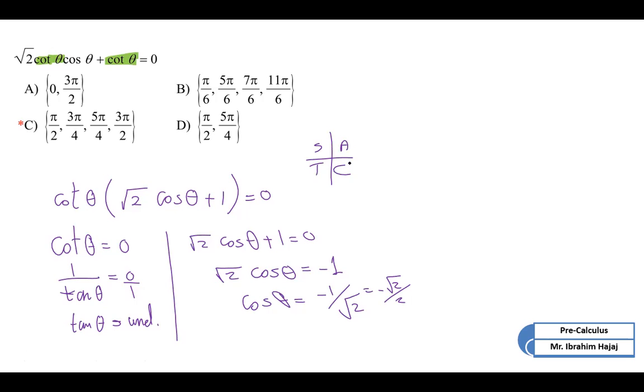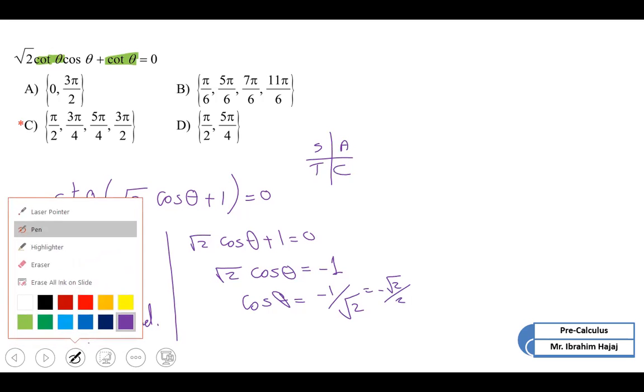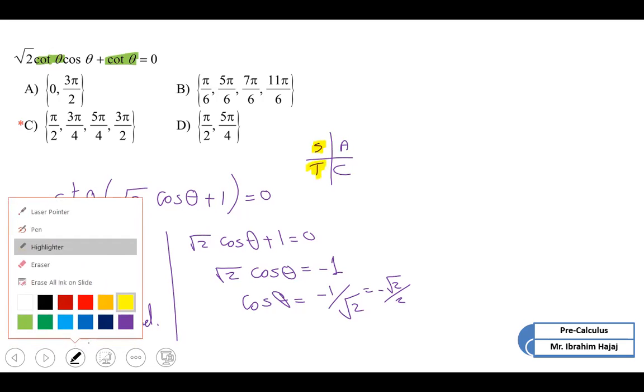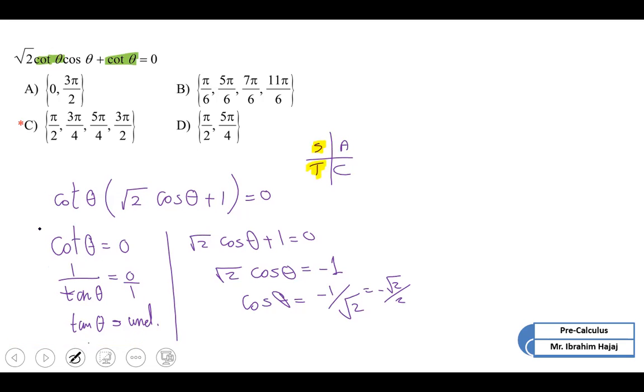ASTC. So cosine is negative in the second and the third quadrant, as you know. What angle in the first quadrant has a cosine value of radical 2 over 2?